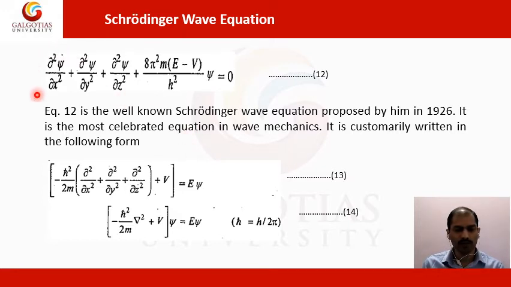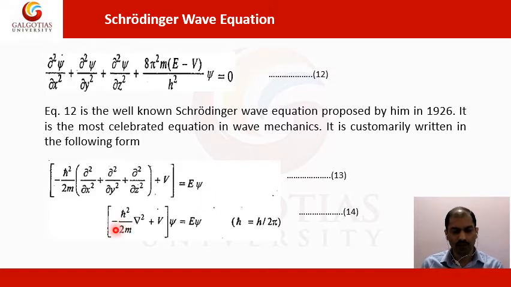Here, in a simpler way, this equation can be put in another form. Taking minus h cross square upon 2m, where h cross is h upon 2 pi, times del square upon del x square plus del square upon del y square plus del square upon del z square, plus V, equal to E psi.